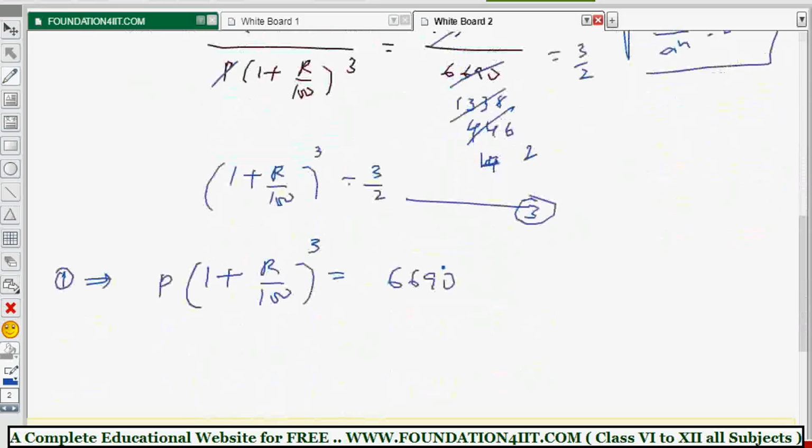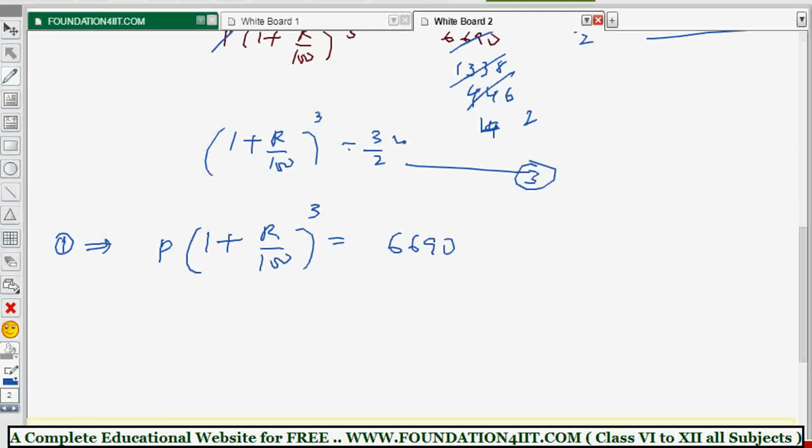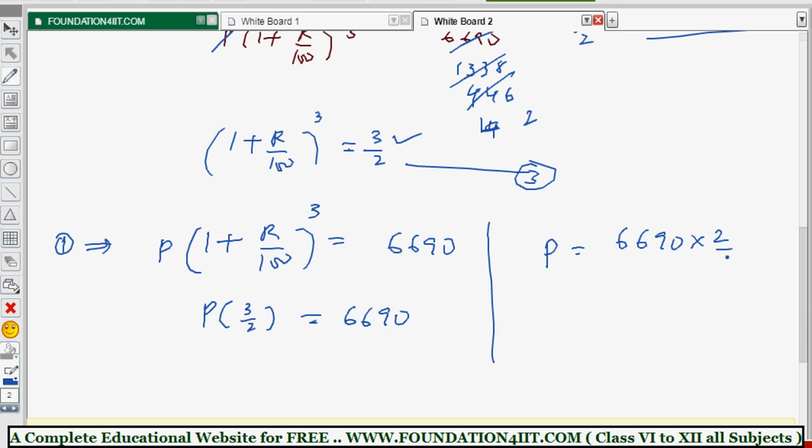Now substitute (1 plus R by 100) power 3 equal to 3 by 2 in that place. So P into 3 by 2 is equal to 6690. From this you get the principal P value: 6690 into 2 by 3. Cancelling, we get 2230. So 2230 into 2 is 4460 rupees.